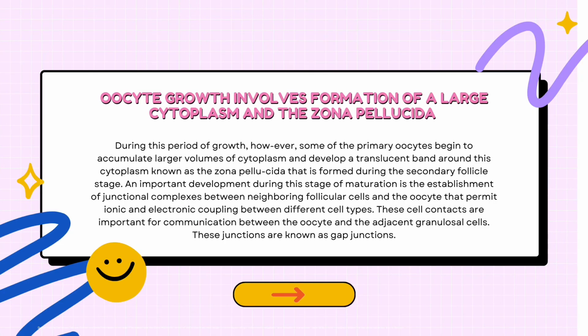During this period, when oocyte growth involves formation of a large cytoplasm and the zona pellucida, some of the primary oocytes begin to accumulate larger volumes of cytoplasm and develop a translucent band around the cytoplasm known as the zona pellucida, which is formed during the secondary follicle stage. An important development during this stage of maturation is the establishment of junctional complexes between neighboring follicular cells and the oocyte.